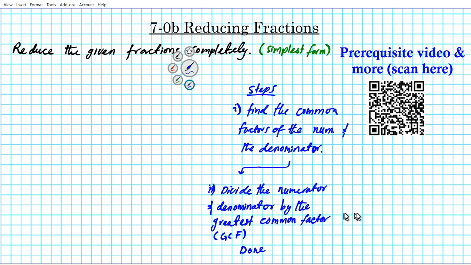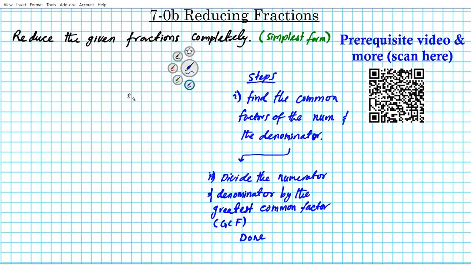The beauty of the greatest common factor method is that it is the fastest method. It is fast, but it is slightly more difficult in the sense that you have to exhaust all the common factor possibilities of the two numbers, so slightly harder, depending on how good you are with your multiplication facts.